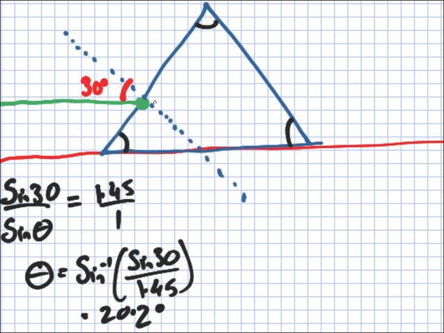Let's see, that means 20.2 should be like, ugh, my blooming triangle. Get rid of this thing. Okay, so this here is 20.2.